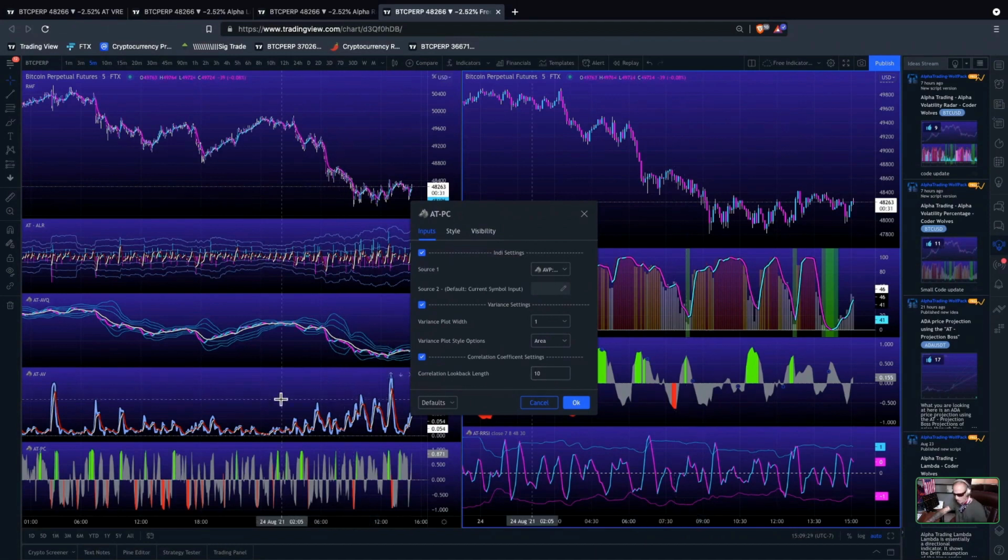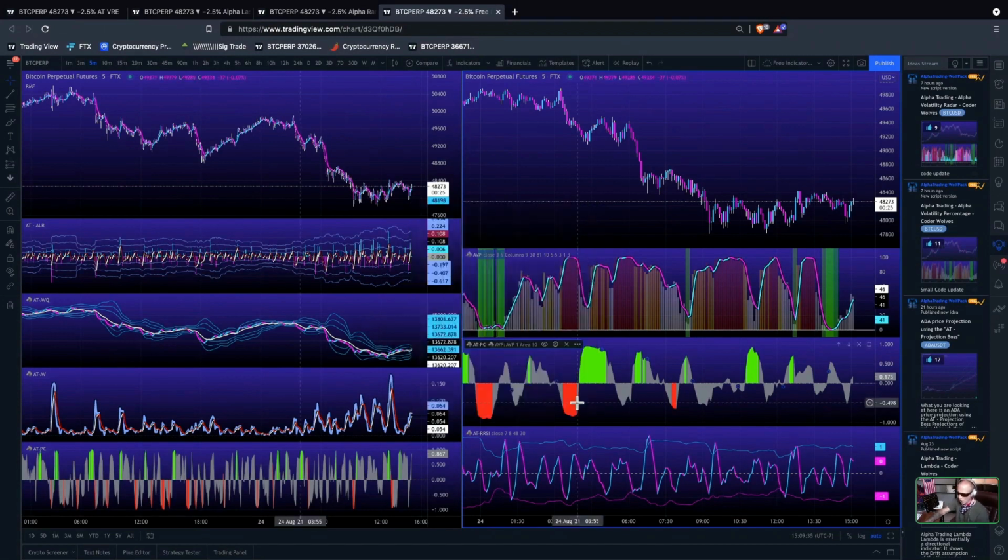If you have it on a 20, change it to a 20. The best setting when you're using the Pearson correlation along with the AVP is a 10. I've studied it a long time. It's the best setting in my opinion. But it's like the variance, right? You want to put exactly what the look back on the variance is, 100%.